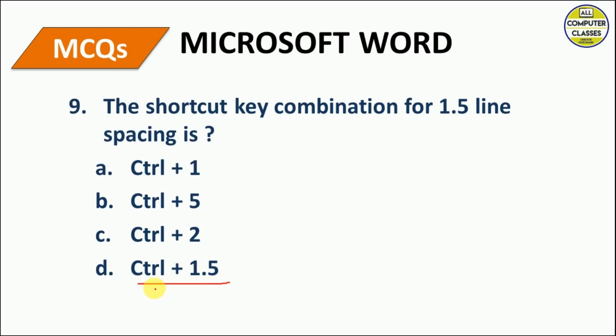It further needs Control, then 1, then the dot, then 5. So we cannot combine this, so this is not the answer. From this question you can remember 5, and the answer is Control 5. For 1.5 line spacing you have to press Control plus 5 key.